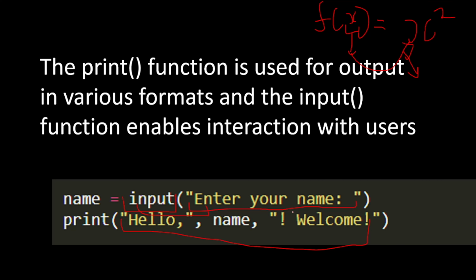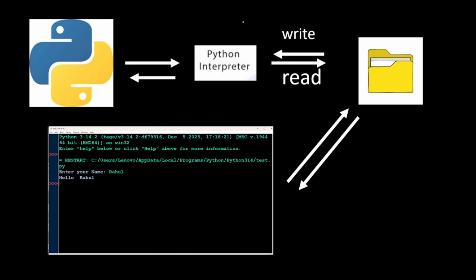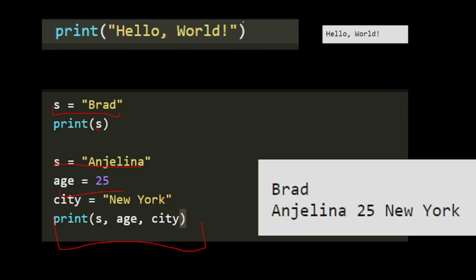So this is input and output, and this is how we are going to implement it. You can write something and print it. Now, have you wondered how this function is really working, or what is really going on in the back end or at the system level?